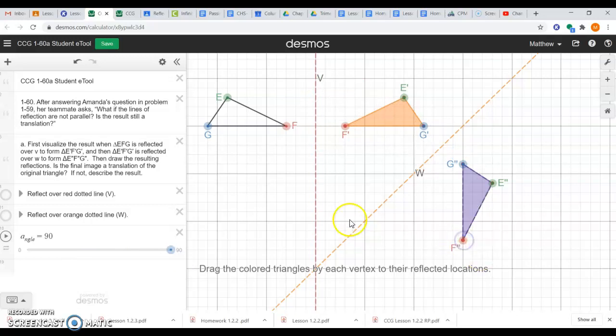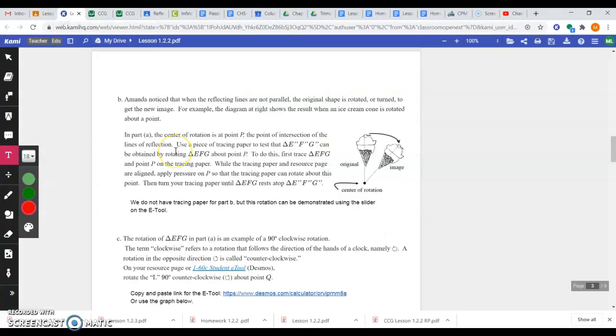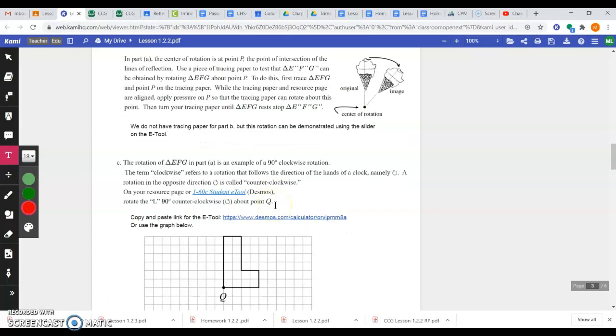It needs to go one down, but that's what we're seeing here. If we had tracing paper and we were doing this on pencil and paper, you could rotate that tracing paper 90 degrees and you would land right on your second reflection, which is very interesting to me because we start with reflections and it introduces translations and rotations.